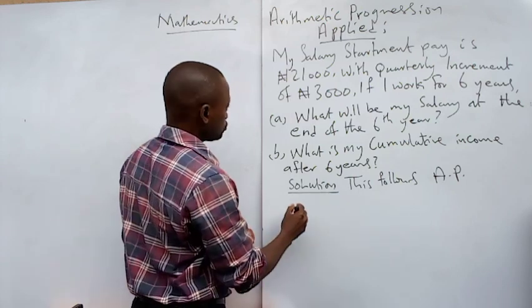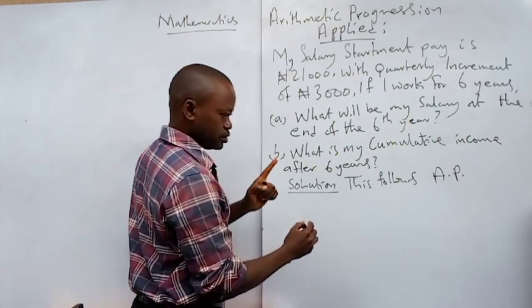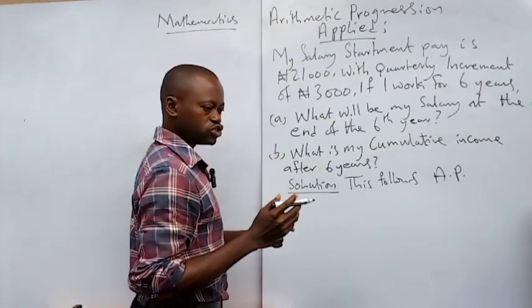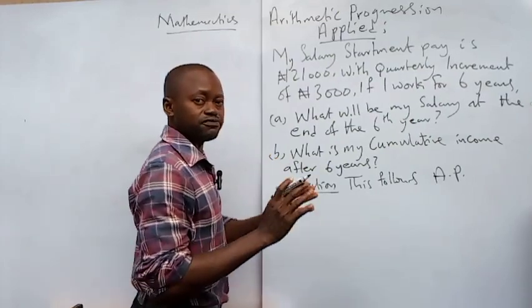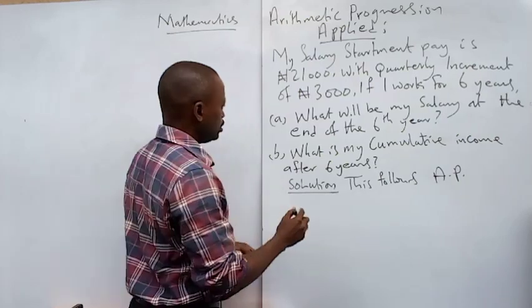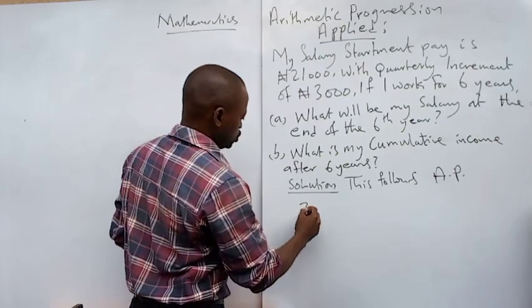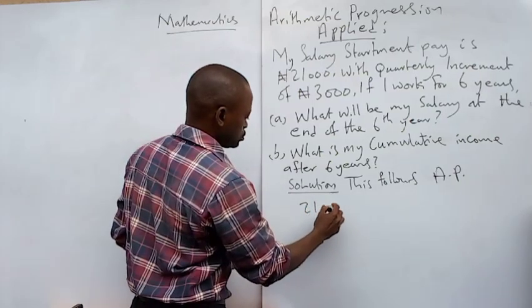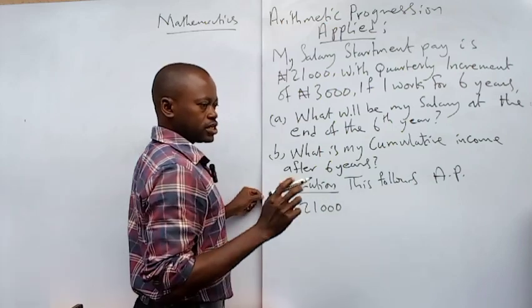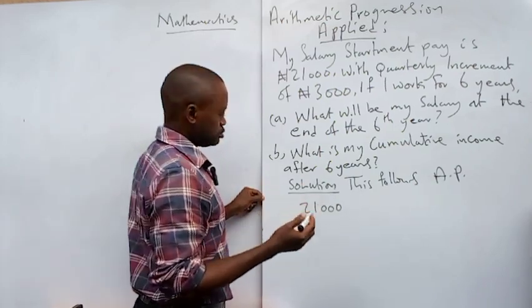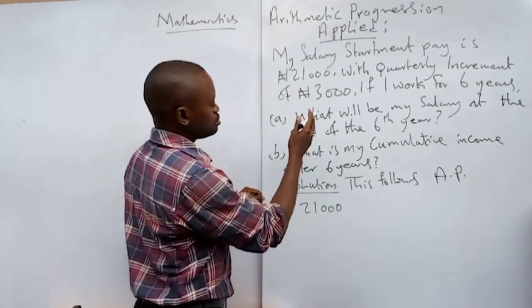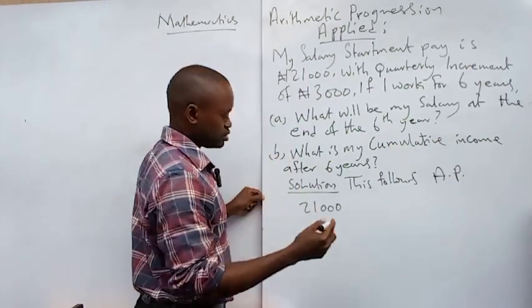Follow me. The statement pay, which we discussed in arithmetic progression, is the first term, the first value, the first occurrence: 21,000. Quarterly, that is every 3 months, the person receives an increment of 3,000 naira.